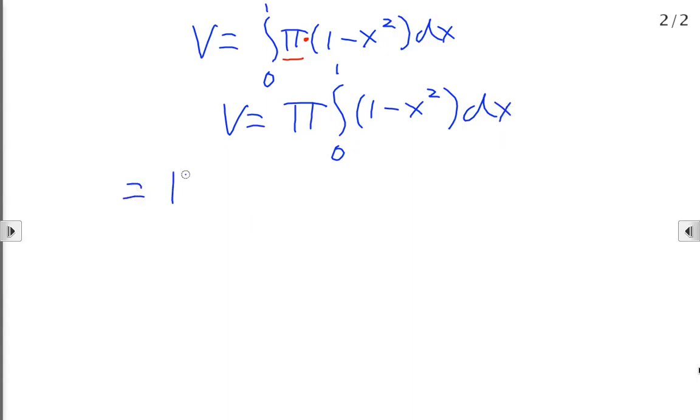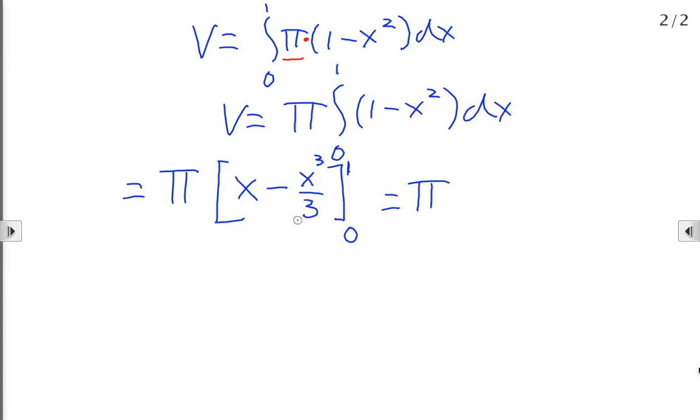The reason that's a nice step is it makes the antiderivative a lot easier. Now we can just focus on the antiderivative of 1 minus the antiderivative of x squared, which is x minus x cubed over 3. And we still have 0 to 1 as our limits of integration.